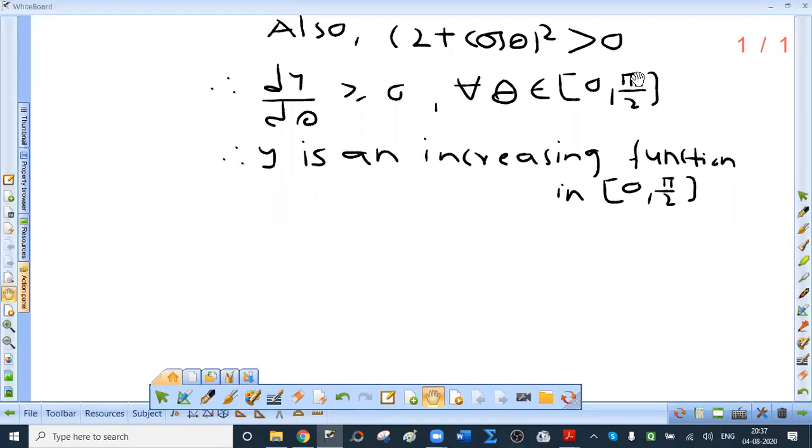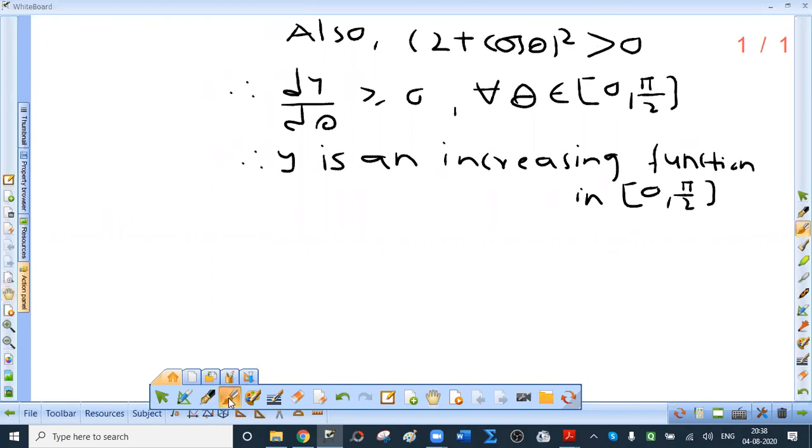Show that the functions like tan x, log x, x minus 1 upon x do not possess extreme values.